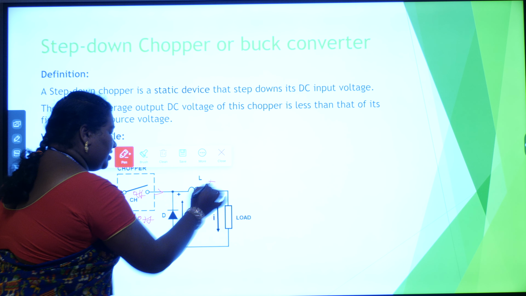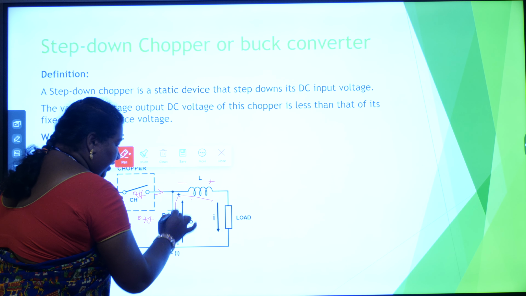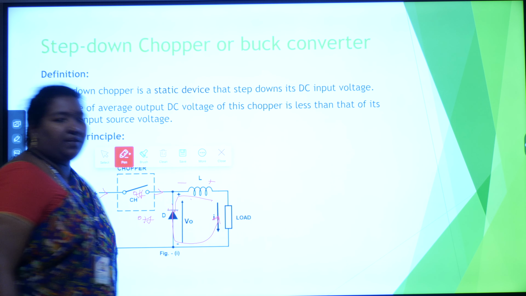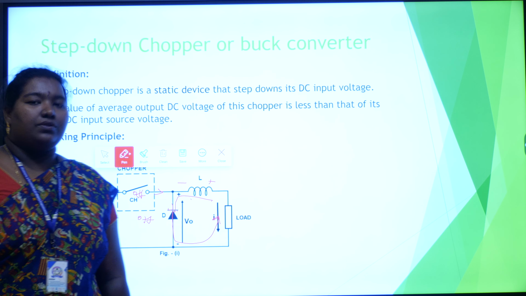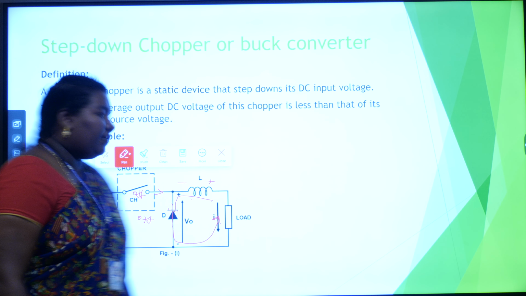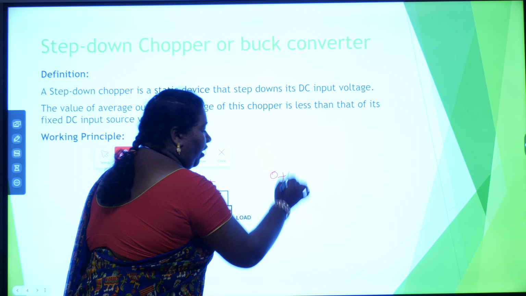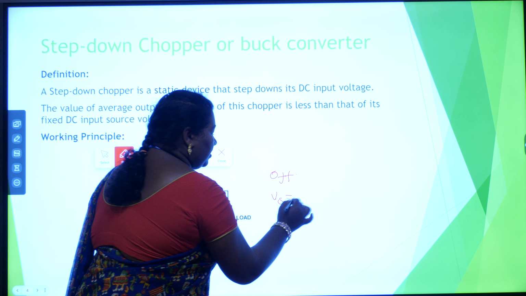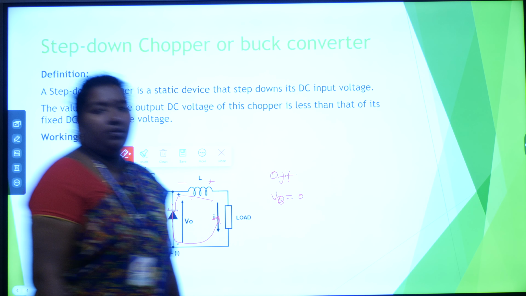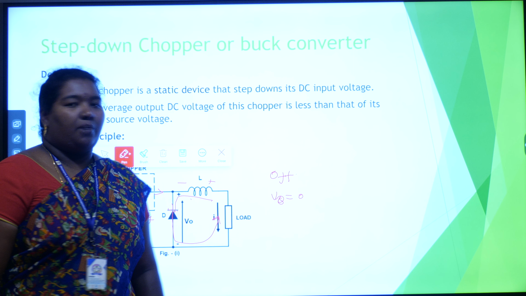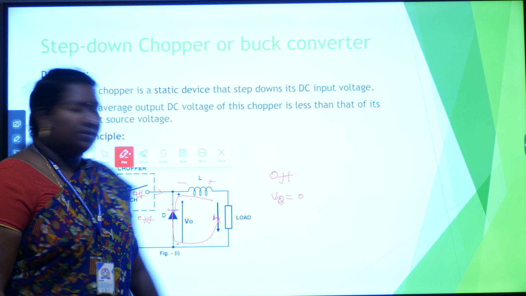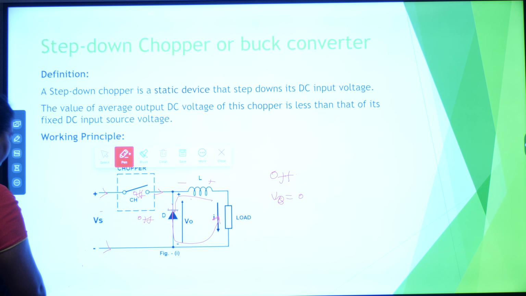The inductor changes its polarity and the freewheeling diode becomes forward biased, and the energy stored in the inductor goes to the load, so the supply voltage never goes to the load. During off state, V0 is equal to 0. This is shown in the figure.